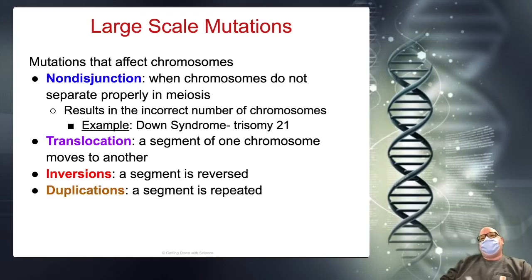And duplication is where you can put a section in twice when it shouldn't be there. And remember, this is a segment. This is a big, long set of bases. These are large.